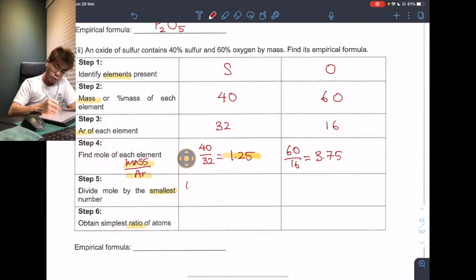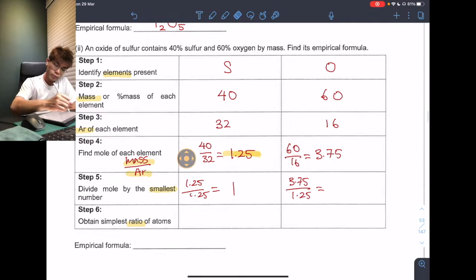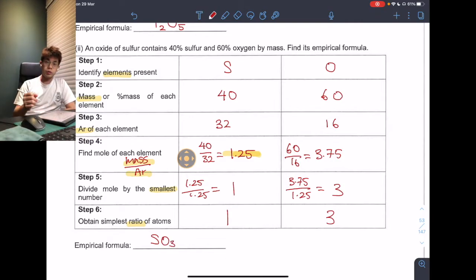So 1.25 divided by 1.25 equals 1. The other side, 3.75 divided by 1.25, and the calculator tells me that this equals 3. So just nice, the ratio is 1:3. The empirical formula of this oxide of sulfur is 1 sulfur to 3 oxygen. That's the final answer.